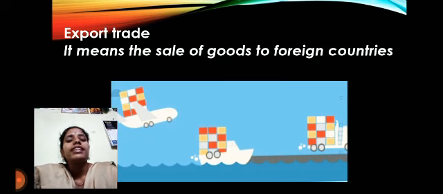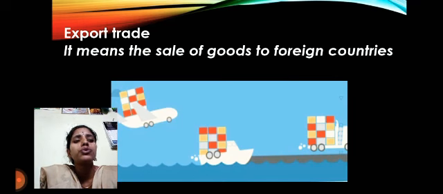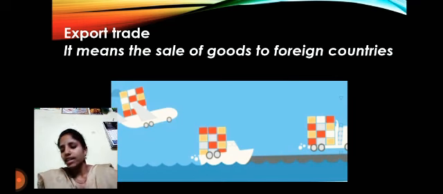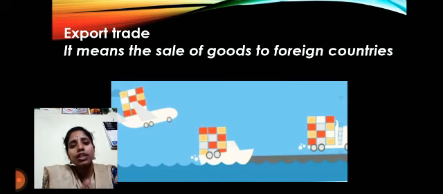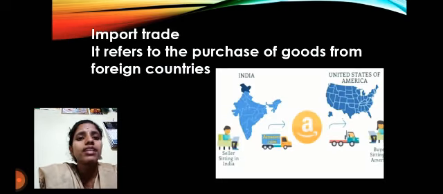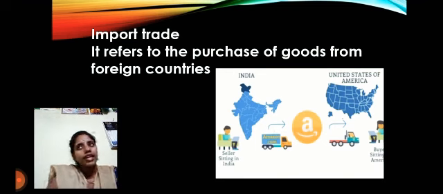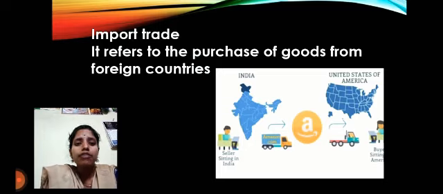So friends, let us see what is export trade. It means the sale of goods to foreign countries. For example, India exports tea to the United Kingdom. Next one, import trade. It refers to the purchase of goods from foreign countries. For example, India buys petrol from Iran.